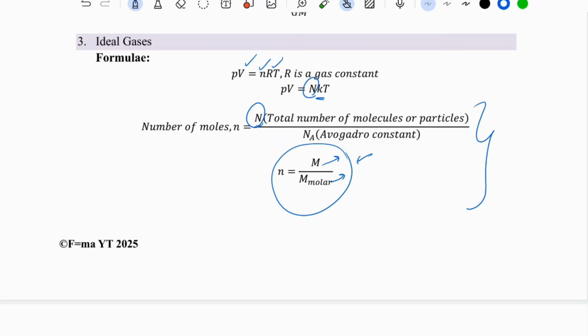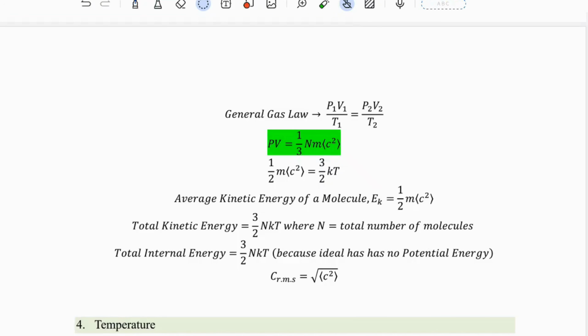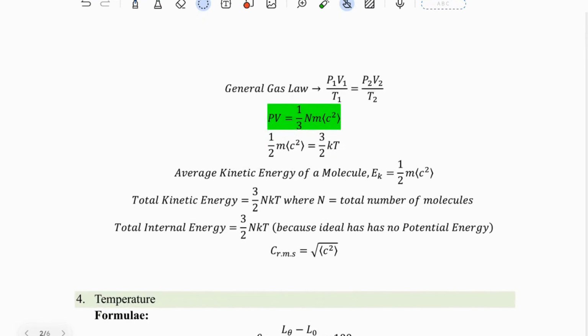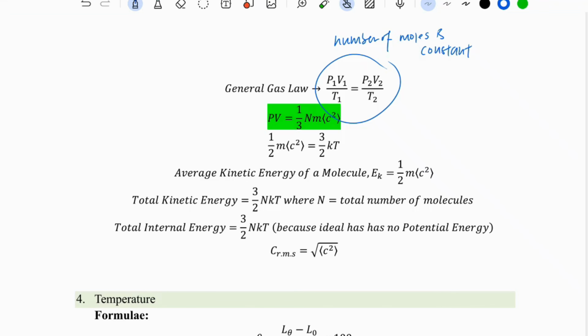Alright, moving on, we have the general gas law. This one can only be used when your number of moles is constant. For example, this is probably the initial state, then they ask you to find the final pressure.